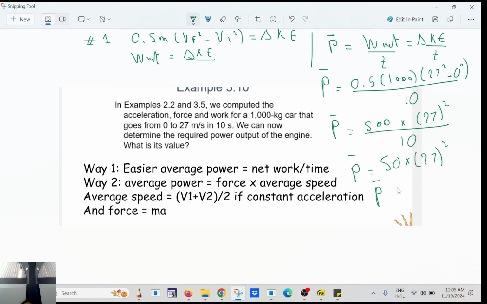So what do you get? 36,450 watts, which is joules per second. So every second, it's consuming that much. Okay, that's how powerful it is.